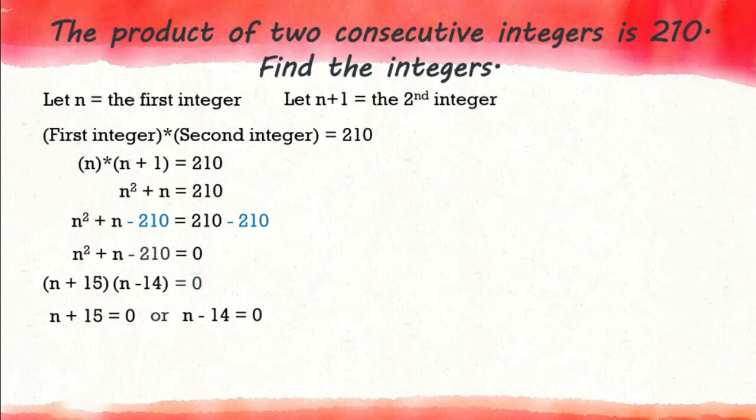Then use additive inverse again to get the value of the first integer. So we have the inverse of positive 15 is negative 15. N plus 15 minus 15 equals 0 minus 15.